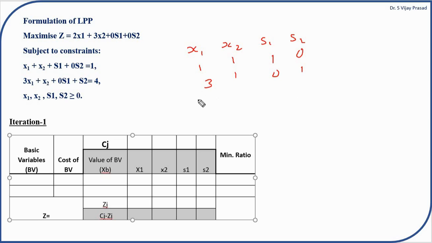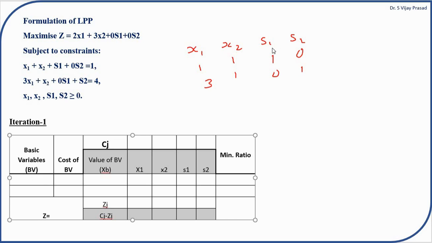First, basic variables we have to fill in. What are the basic variables you are going to take here? That is very, very important to us. Here it is forming the identity matrix. The columns that form the identity matrix, with those variables we are going to initiate the problem.